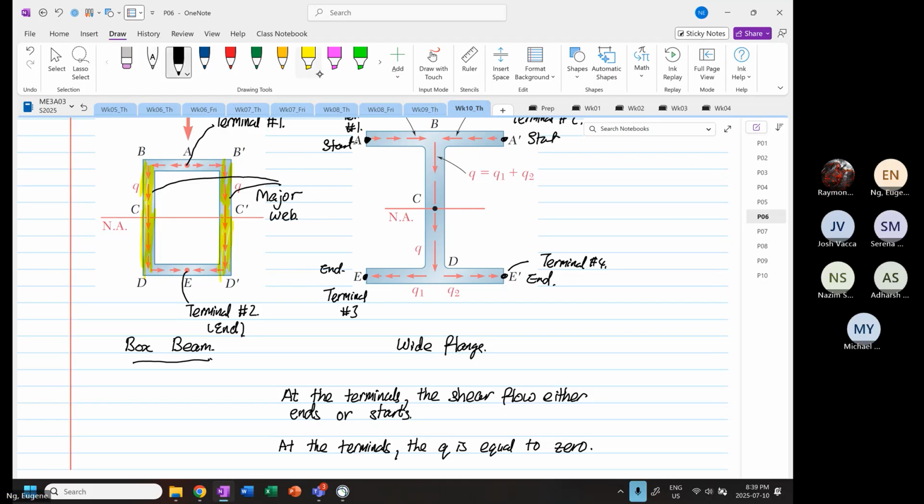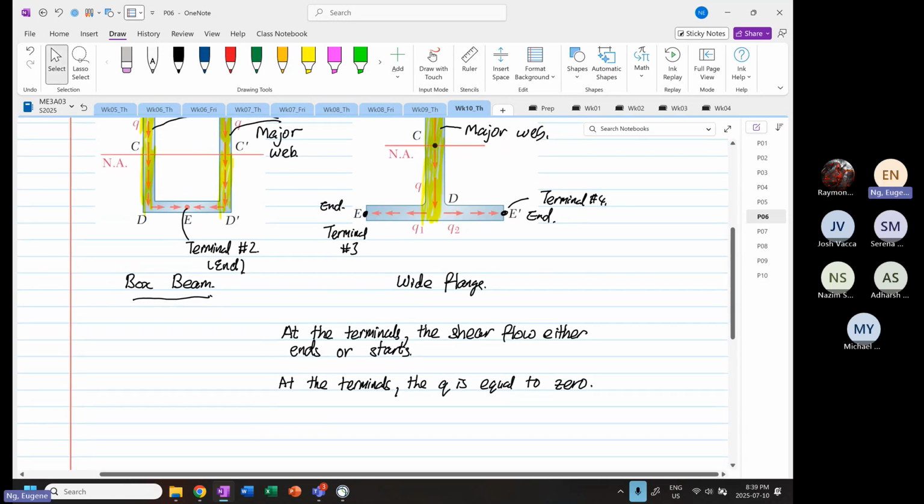Then again over here, this is highlighted in yellow, that starts from the top end and goes to the bottom end. This is our major web.